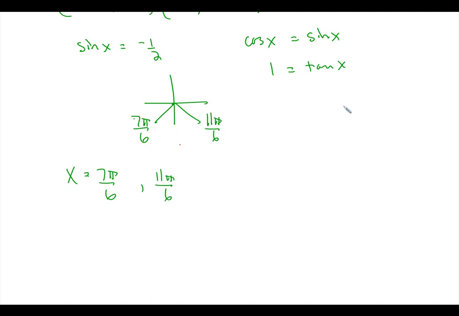Over here, when is tangent positive? Tangent is positive in quadrants 1 and 3, right? And tangent is 1 when we're dividing by 4. So this would be 5 pi over 4. So x would equal pi over 4 and 5 pi over 4. Okay, so that's part B.